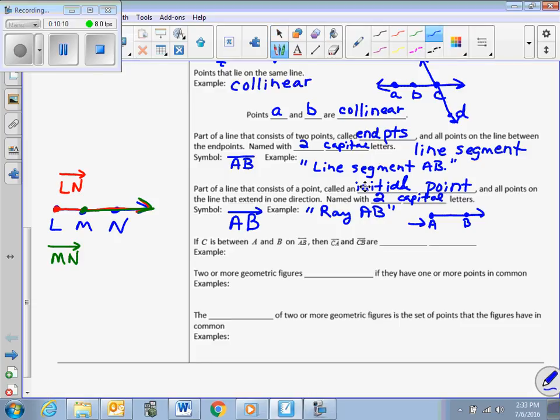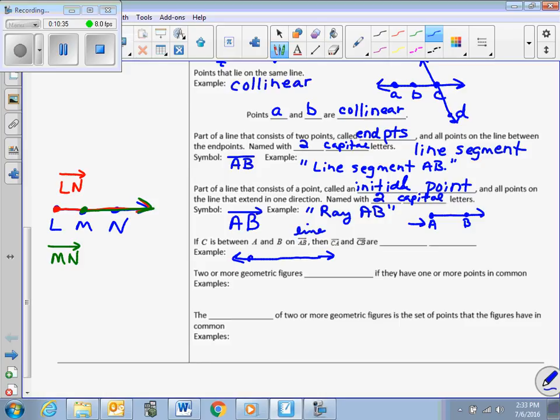All right, if C is between A and B, and this is a line here. It's kind of hard to see. If C is between A and B on line AB, then ray CA and ray CB are, well, I don't know. I have to draw this. Always draw yourself a figure in geometry.